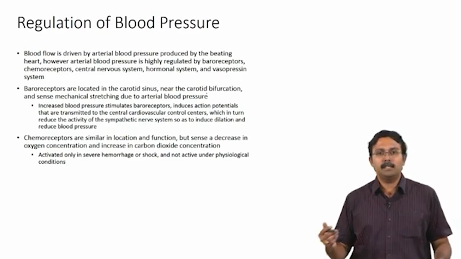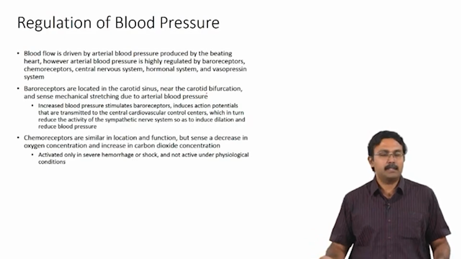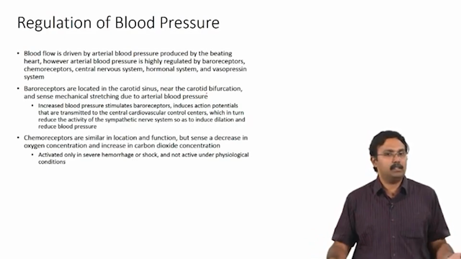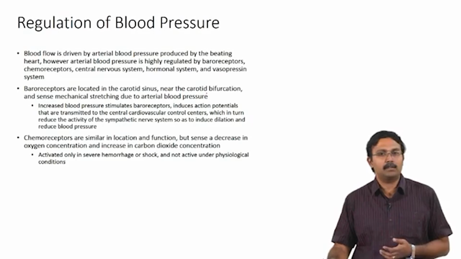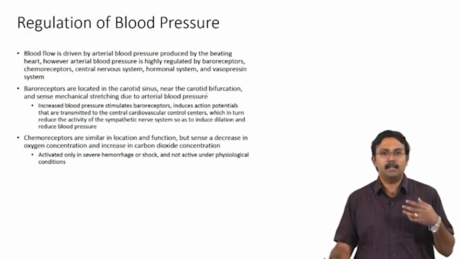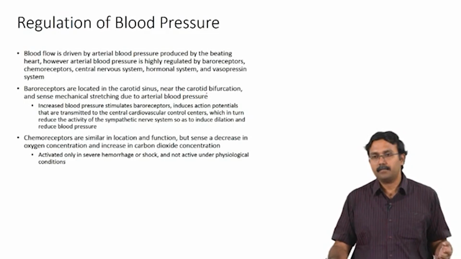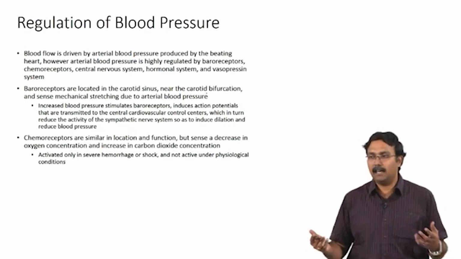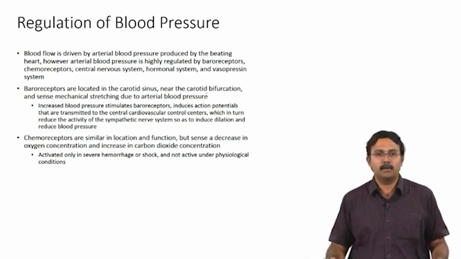Chemoreceptors are similar in location and function, but they sense a decrease in oxygen concentration and an increase in carbon dioxide concentration instead of mechanical stretching. So, the signals which they read are different between chemoreceptors versus baroreceptors.